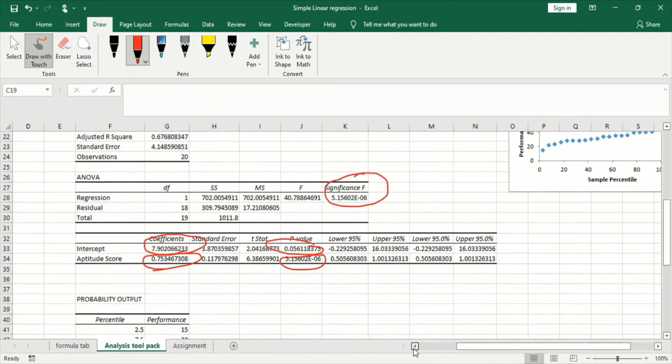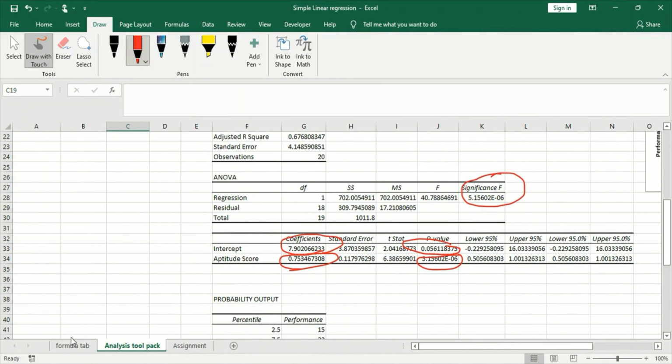Now, remember we said this is used for prediction.